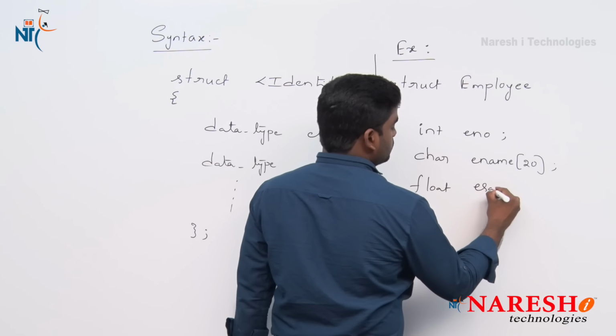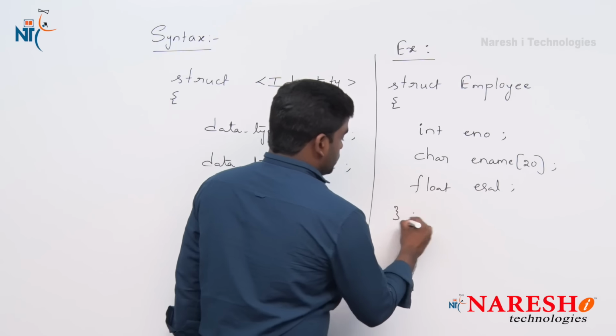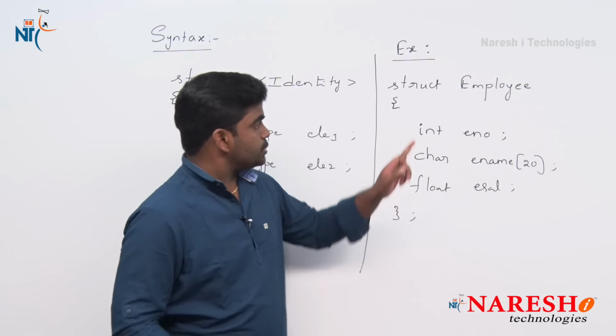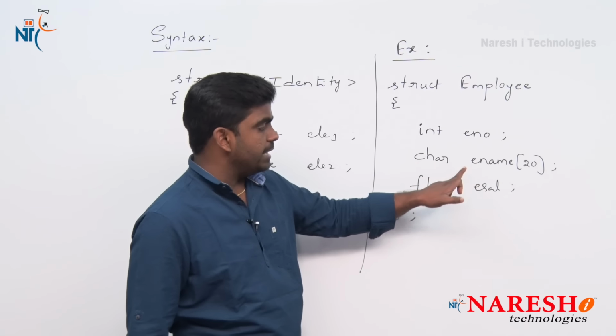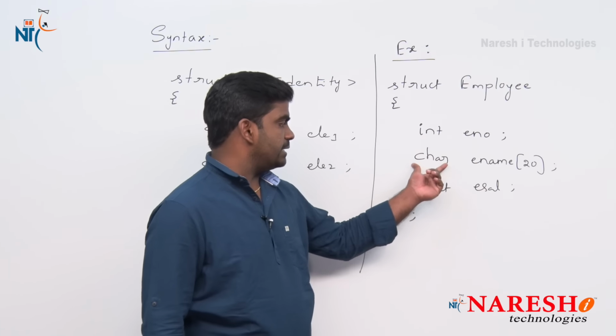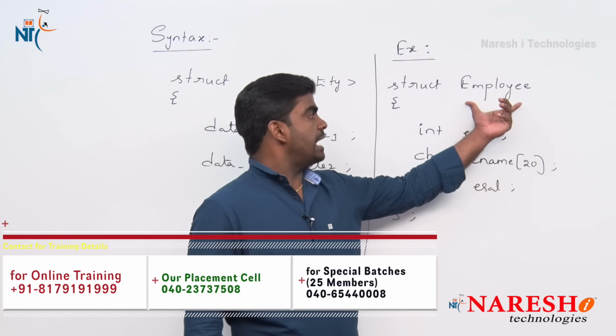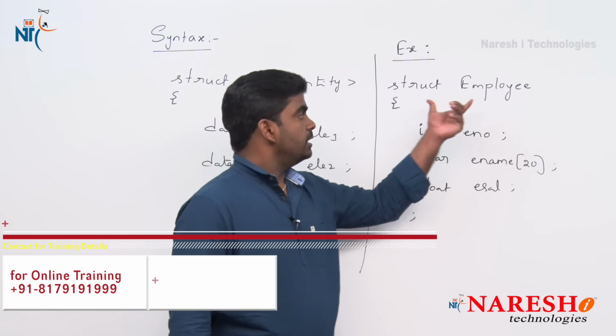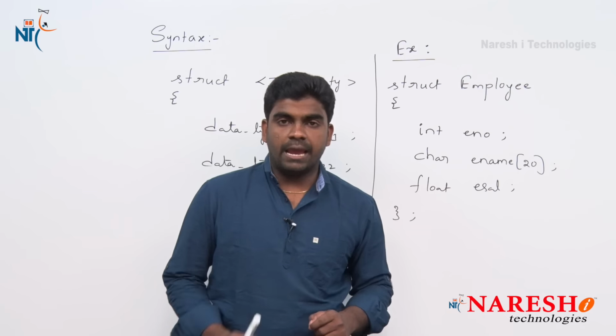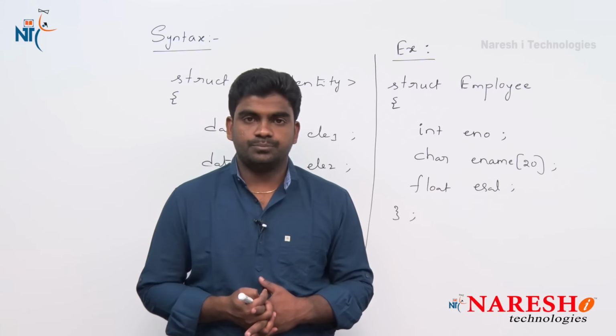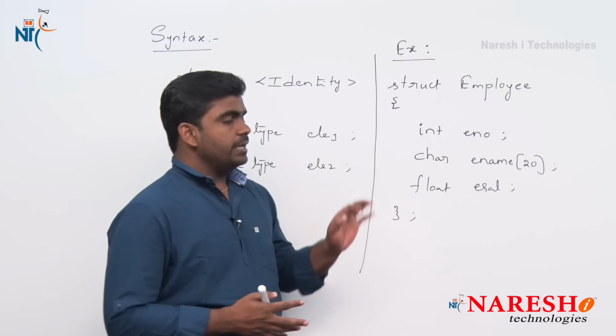Float type. So a structure is a collection of elements of different data types. This is the identity of the structure. We can identify this structure with the help of this name. Employee is the identity.